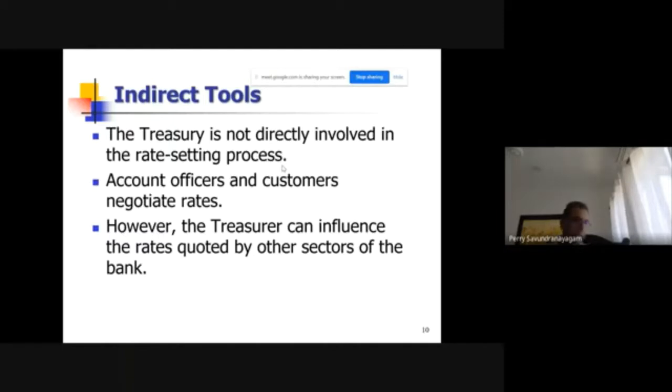So this is correct for borrowings and lendings. But when it comes to exchange rates, Treasury does quote rates directly to customers. It has a Treasury sales desk, like I mentioned earlier, which talks to clients directly, and it will quote directly to the client: this is the rate I can sell you at.